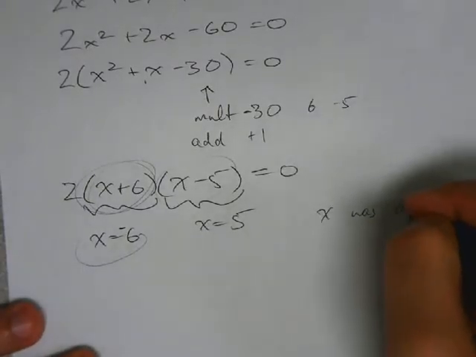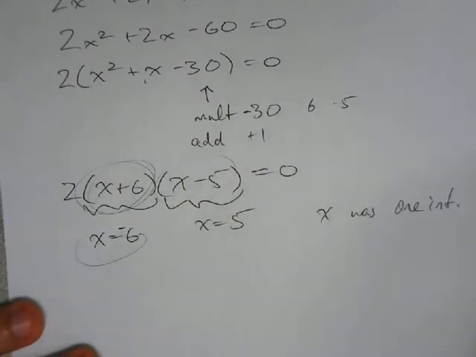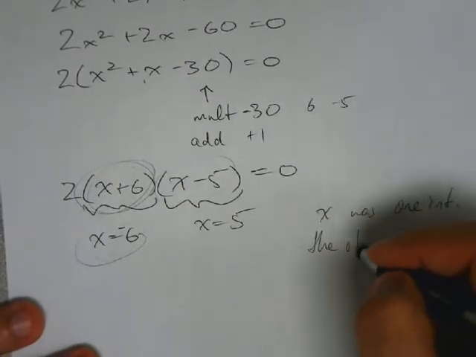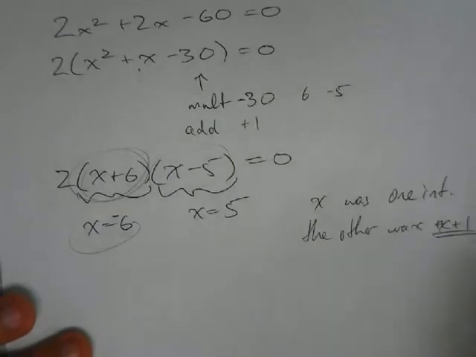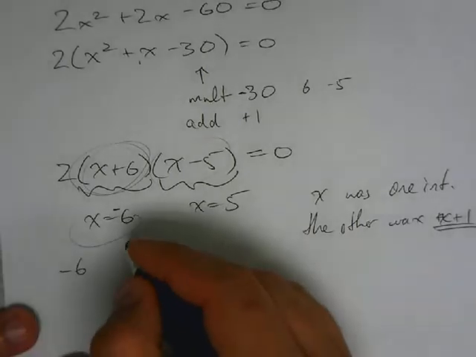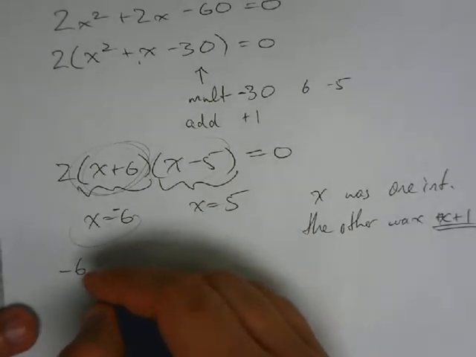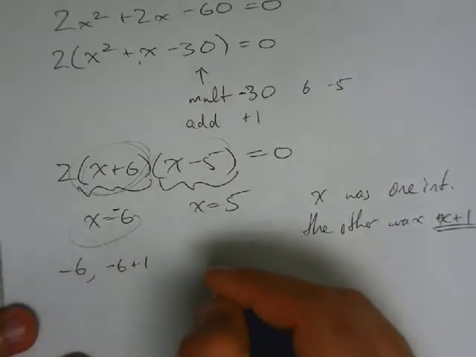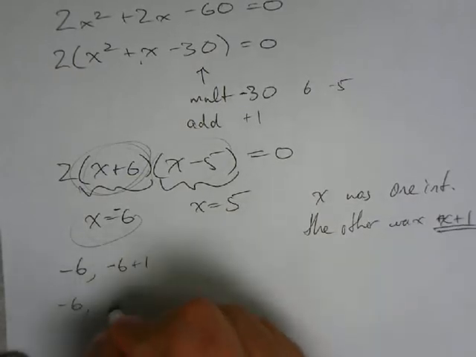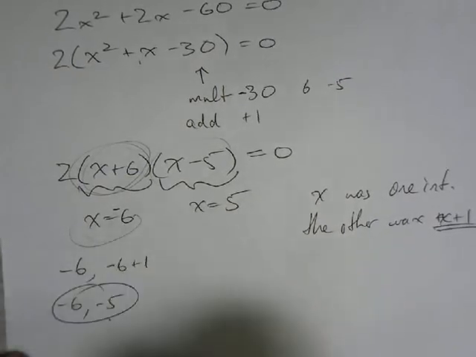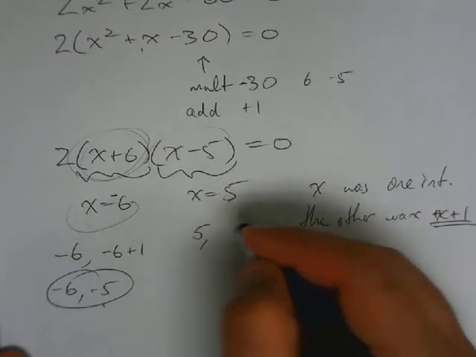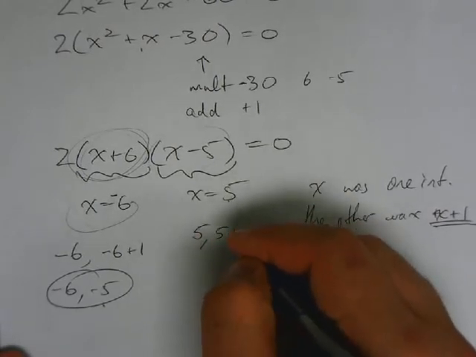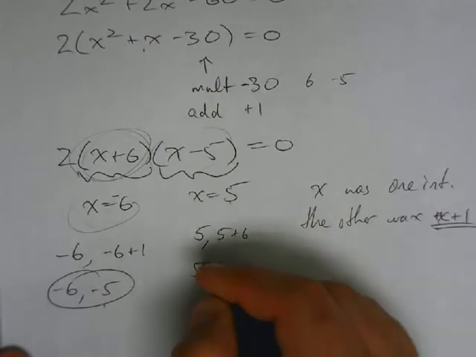Okay, now remember, x was one integer, right? The other was x plus 1, right? So negative 6 is one, and then negative 6 plus 1 is the other. So negative 6 and negative 5 is a possible option. And the other one is 5 is one, and then 5 plus 1, which means 6, is the other option.